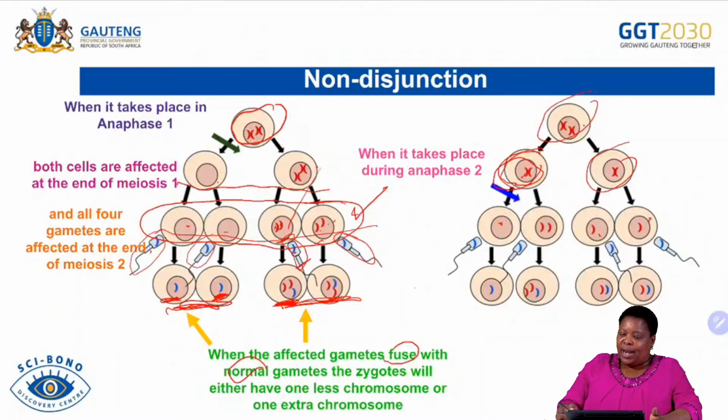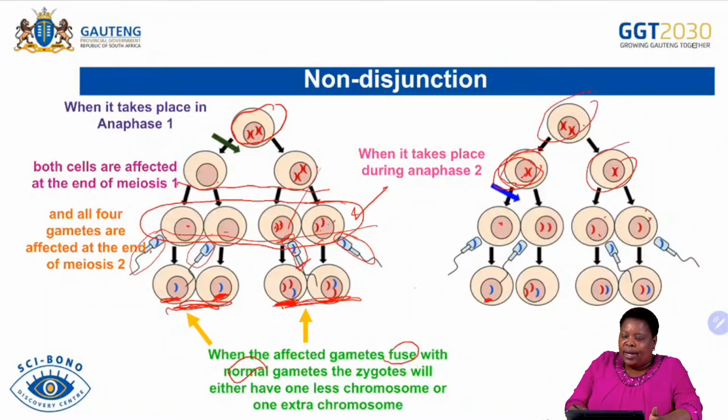Yes, this is normal because this is carrying half of the original. Now, let's check. We've got cells being affected there. Now, when you see this sperm cell, it has got 1, this one has got 1, this one has got 1. So when this normal gamete fuses with the affected one, it is going to result in 1 less chromosome.